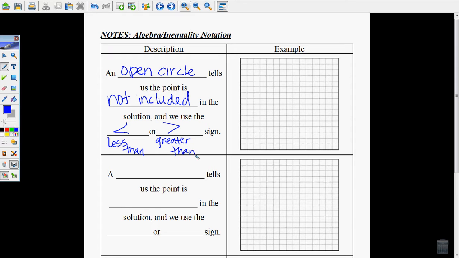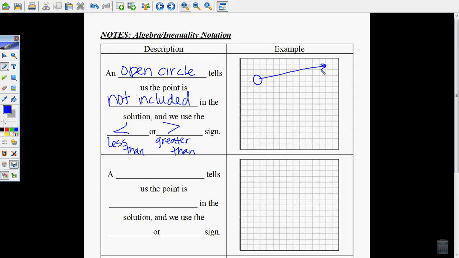Less than, greater than. So on your blank space, since you don't have lines, we're just going to draw an example. So an example would be if I had this ray. Notice that my starting point is an open circle. So my starting point is not included as part of my solution. Whatever that value is, it is not included as part of my solution.